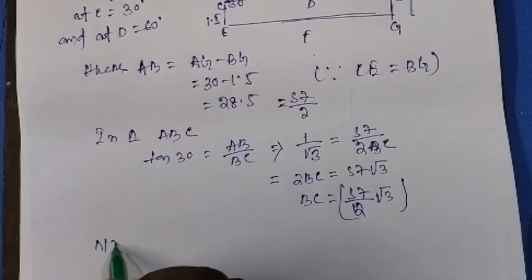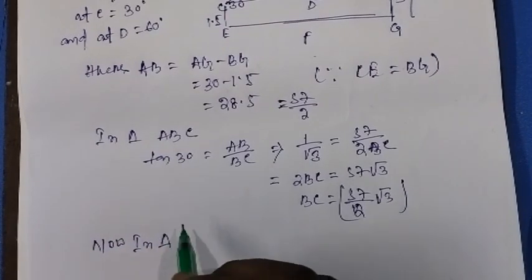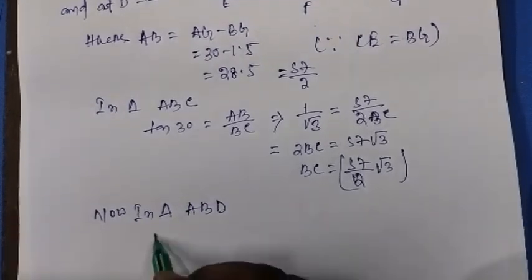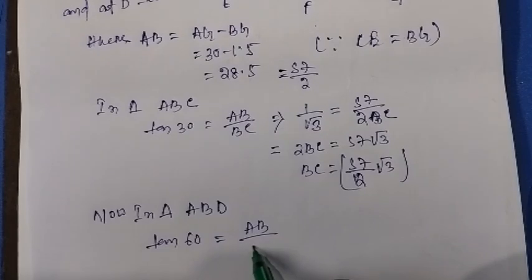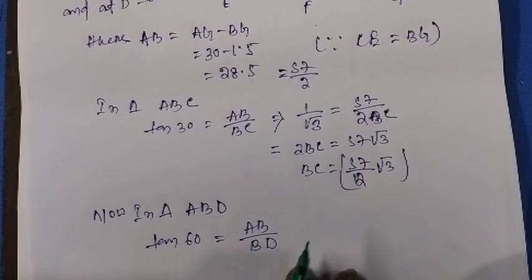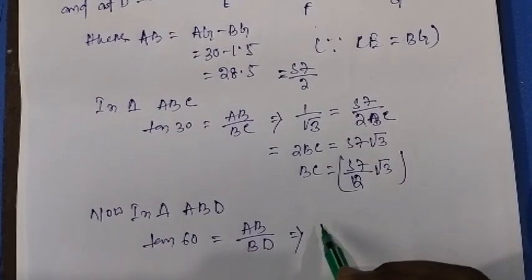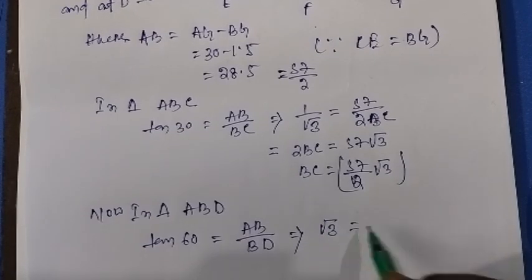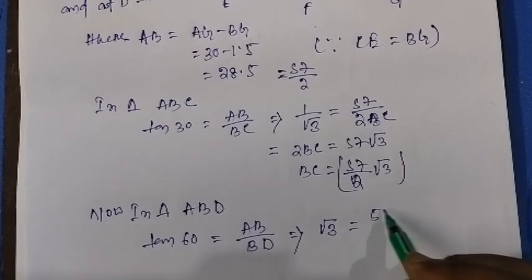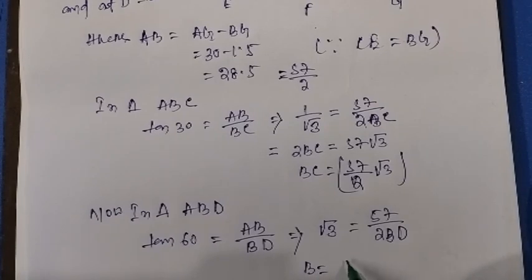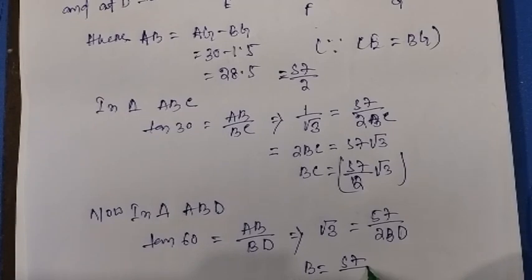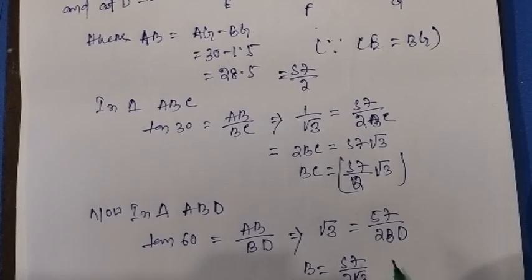Now in triangle ABD, tan 60 is equal to AB by BD, that is root 3 is equal to 57 by 2 BD.